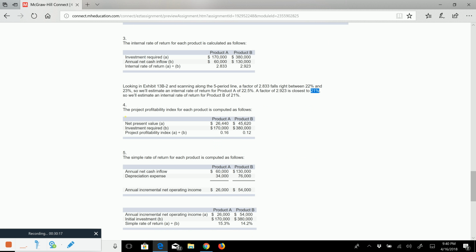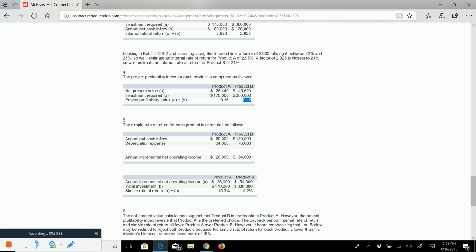Next, 4, project profitability. Project profitability, we take the net present values, which we calculated a couple of steps ago, and divide it by the investment required. Project profitability, you can see product A is preferred over product B. Simple rate of return, this is where you calculate accounting income, and you will consider the non-cash expense of depreciation.